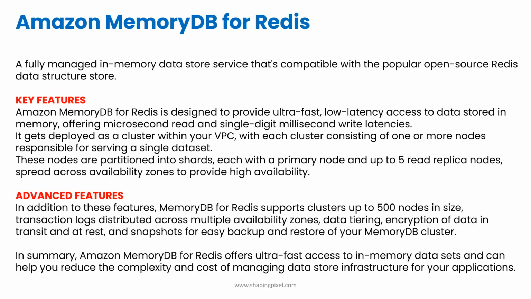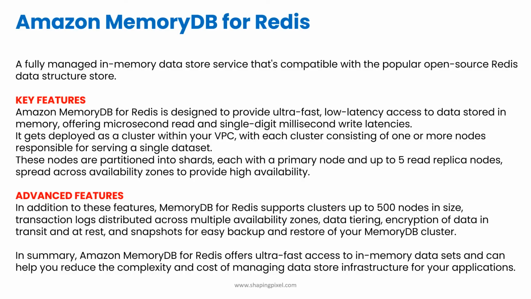Amazon MemoryDB for Redis is a fully managed in-memory data store service that's compatible with the popular open source Redis data structures too. Amazon MemoryDB for Redis is designed to provide ultra-fast, low-latency access to data stored in memory, offering microsecond read and single-digit millisecond write latencies.